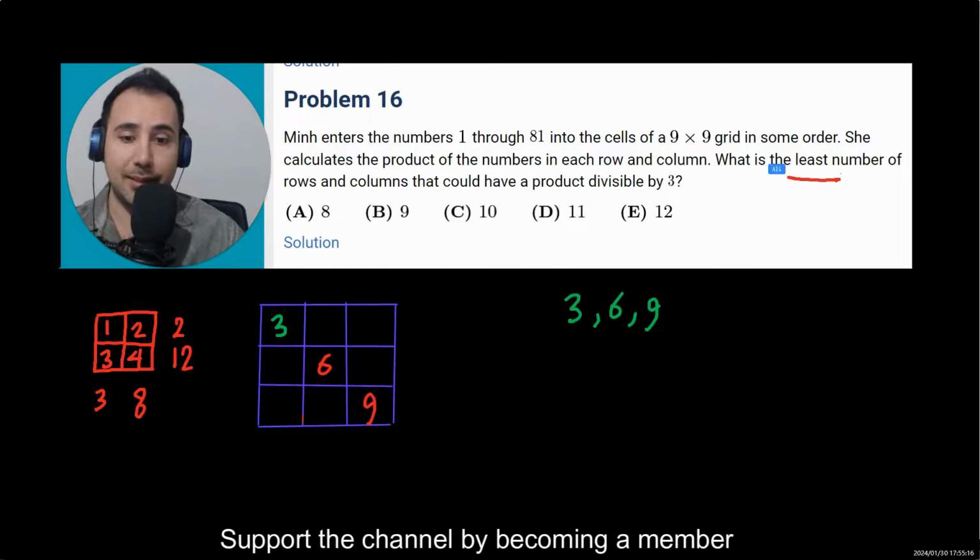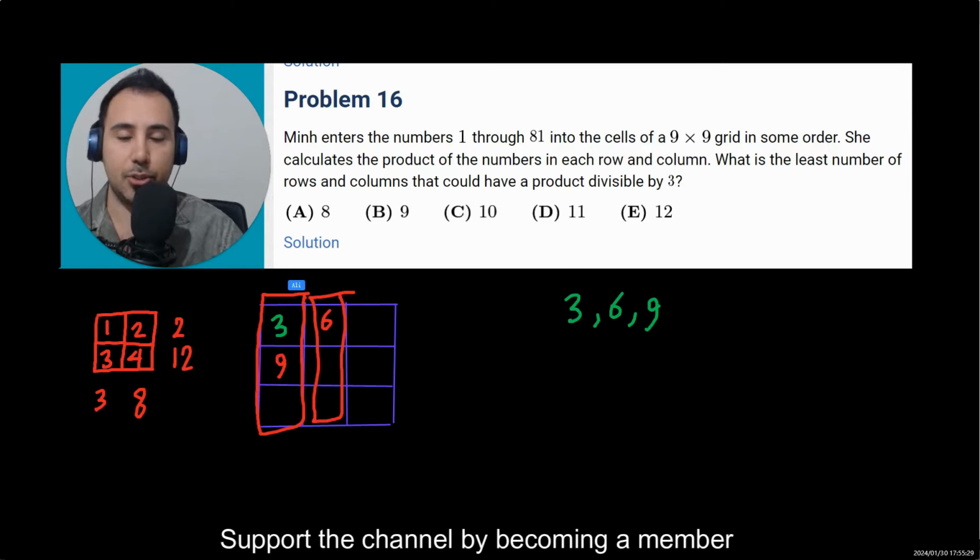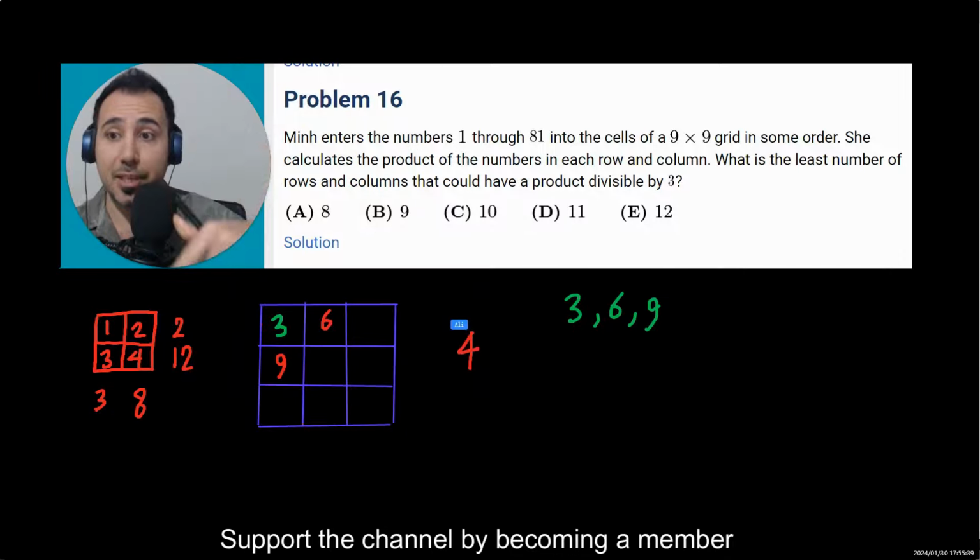So if I want the least, I need to put these numbers compactly. I want to put them together. Now, if I put the numbers like this, this column, yes. This column, yes, 2. This row, yes. This row, yes. So the minimum will be 4. For which question? For a 3 by 3 grid, it is 4.